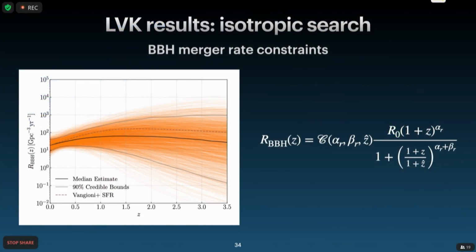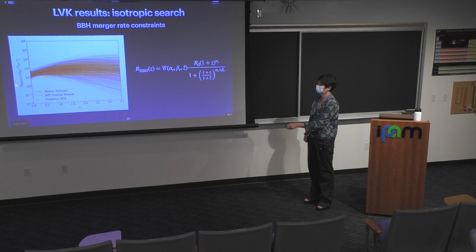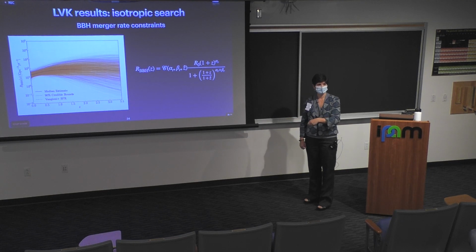We can parameterize the merger rate of binary black holes as a function of redshift like this. So this is just some analytic function, and you have 2 exponential parameters, this alpha and beta, that determine what's the slope here and what's the turnaround, and then you have a z peak, which is the redshift at which the turnaround happens.